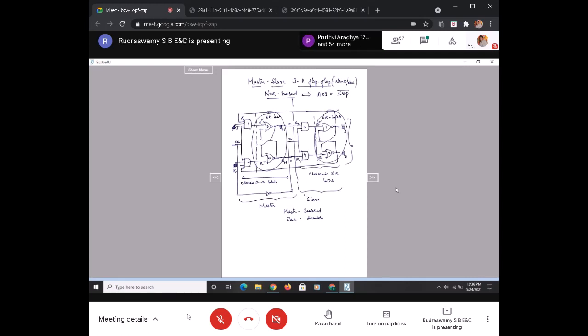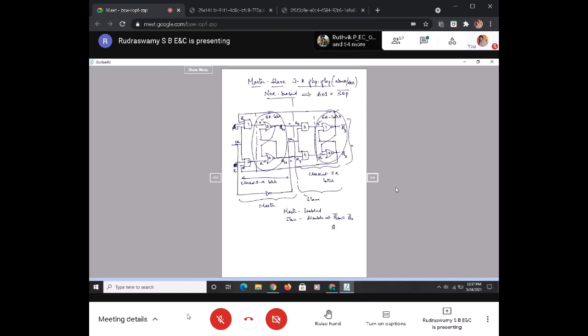It's so simple. So when slave is disabled, it holds its previous output. It will just be QS(n+1) that I will be taking, holding its previous value.